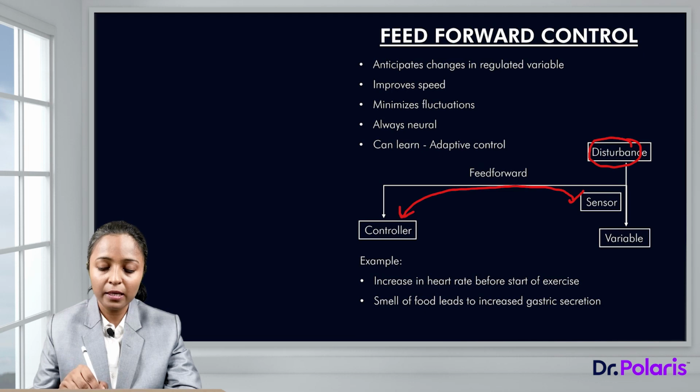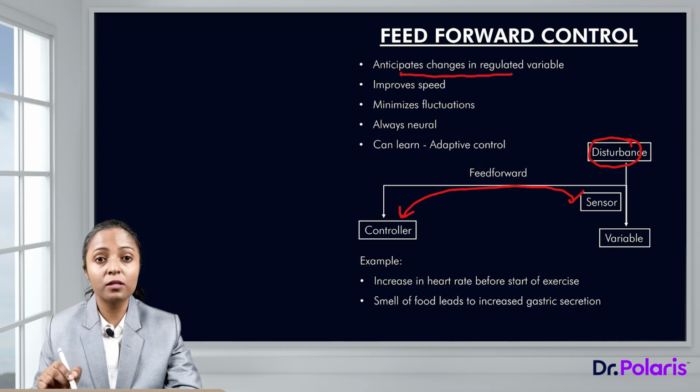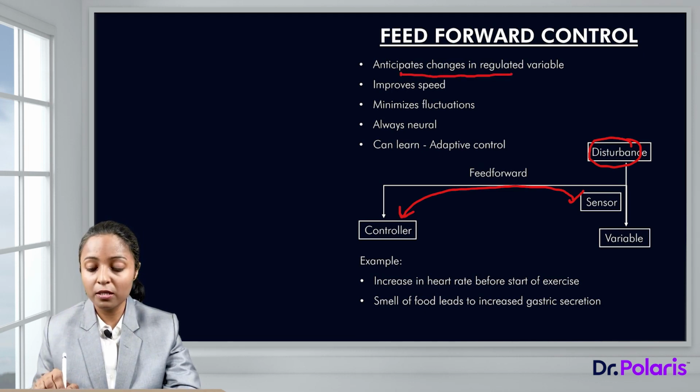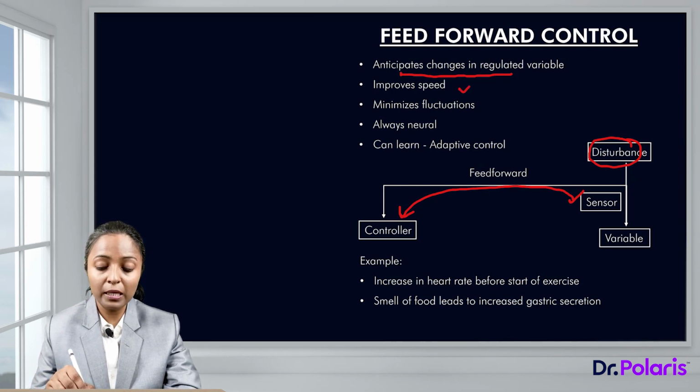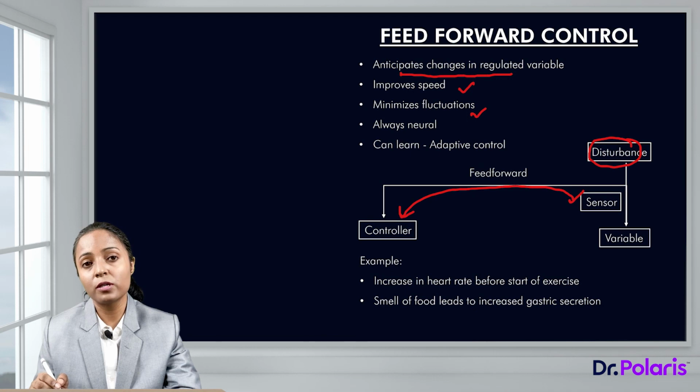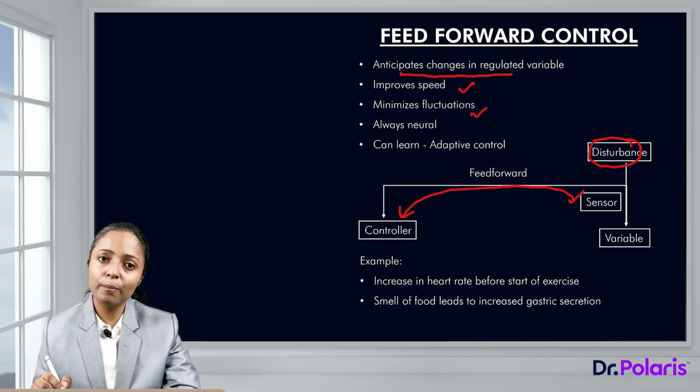So basically, it anticipates changes in the regulated variable because it is detecting the disturbance itself. This helps in improving the speed and minimizing fluctuations because, as we saw in the negative feedback system, there are oscillations. Here, we are anticipating the change and correcting it fast, right?